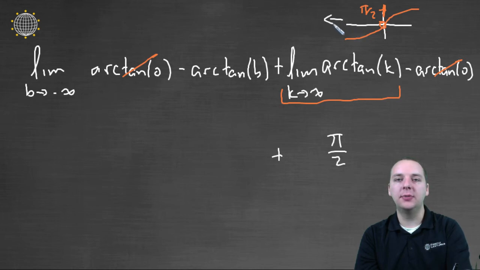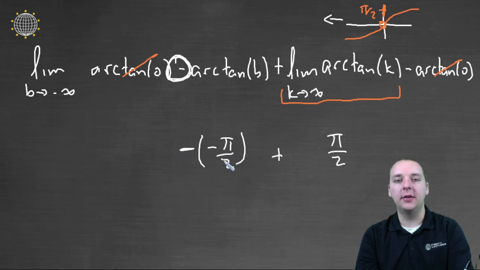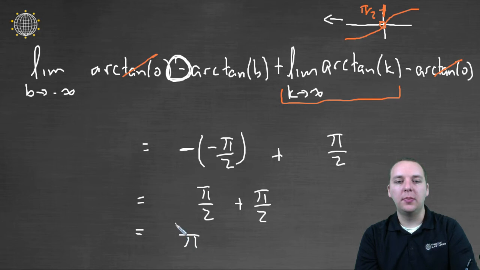So as you go this way, it looks like you level off to negative pi over 2, but there's an additional negative outside here as well. So you have negative pi over 2. So that makes pi over 2 plus pi over 2. So your final answer would just be pi.